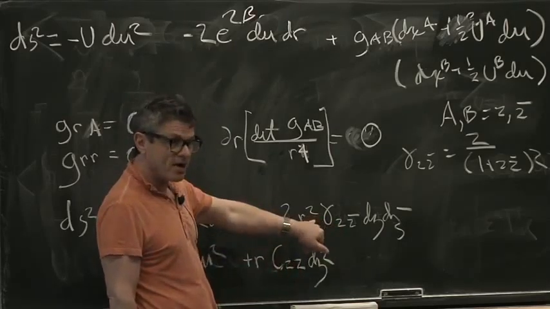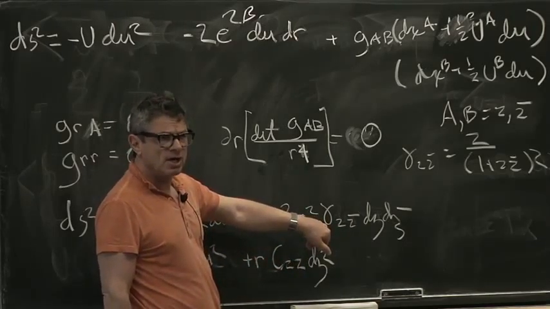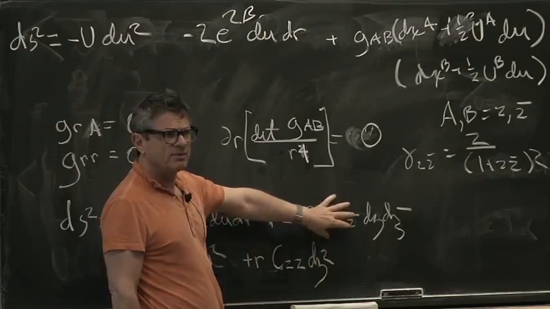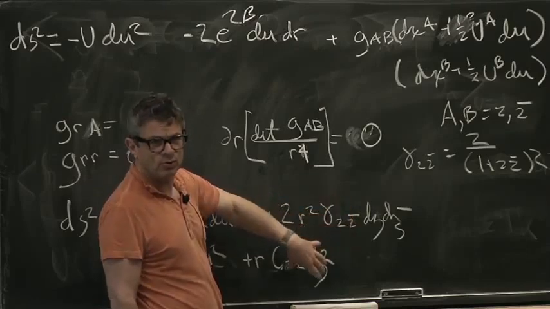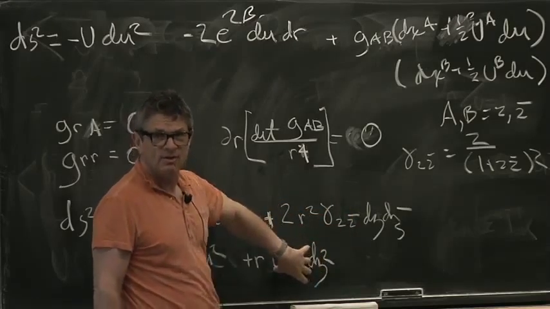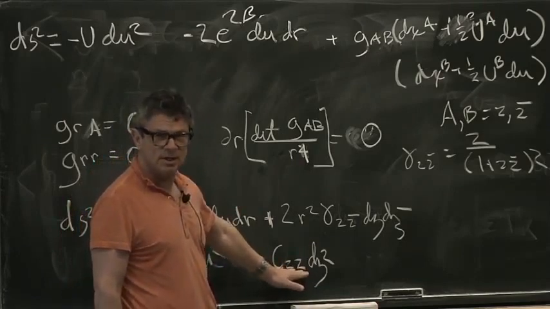This is r squared. So to leading order at large r, the metric on the sphere is still round, plus order 1 over r corrections, which are given by r C_zz, which is completely arbitrary.